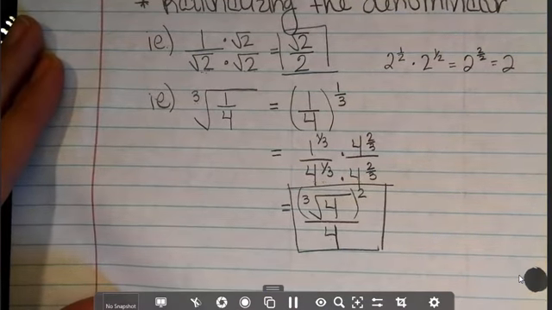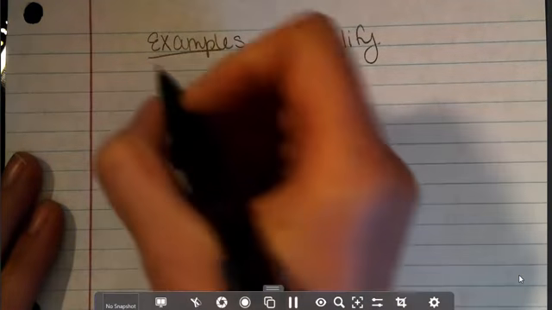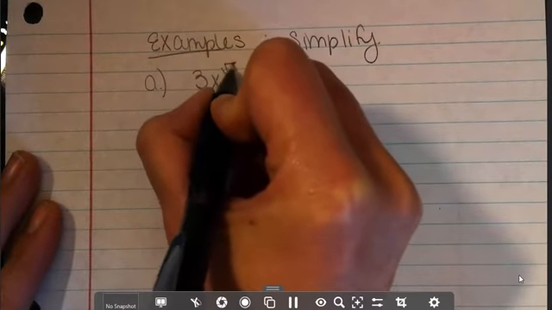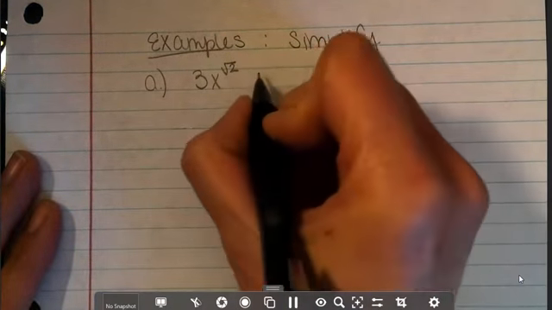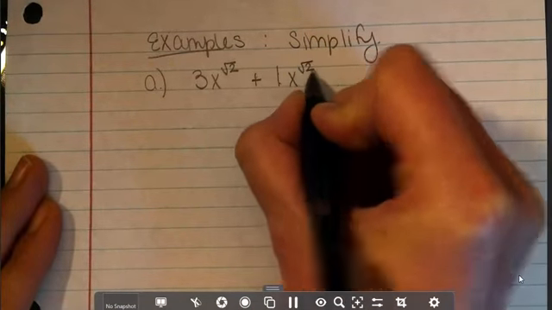Let's just do a couple more random examples of things that you might see or come across. I didn't really do any formal examples, so these are just a couple more examples, and the directions are to simplify. Okay, so one of them, what if you have 3x raised to the root 2 plus 1x raised to the root 2?